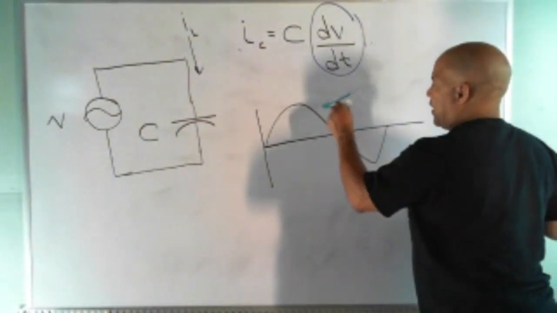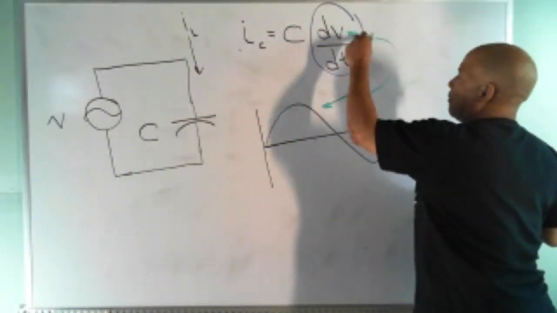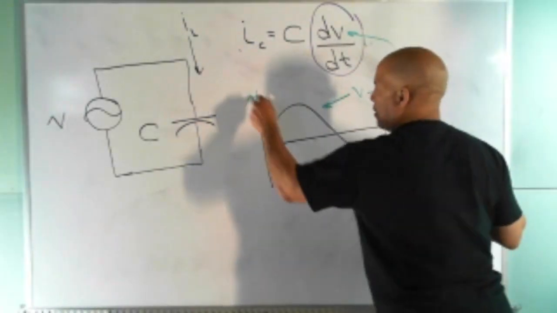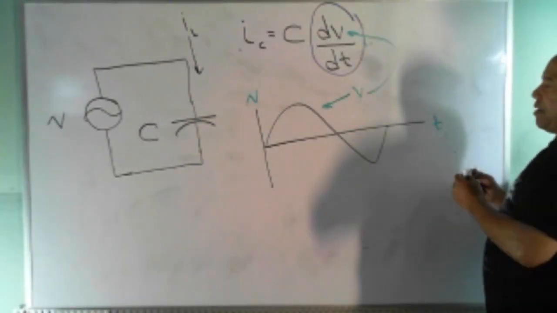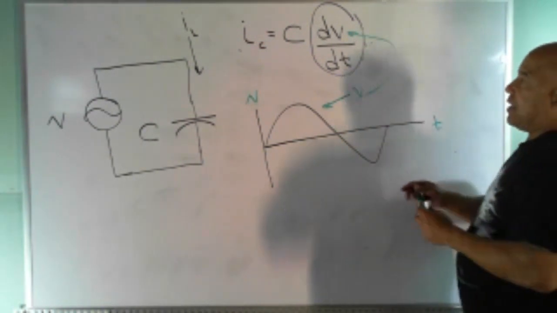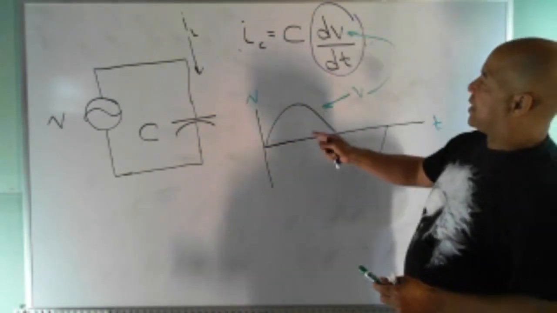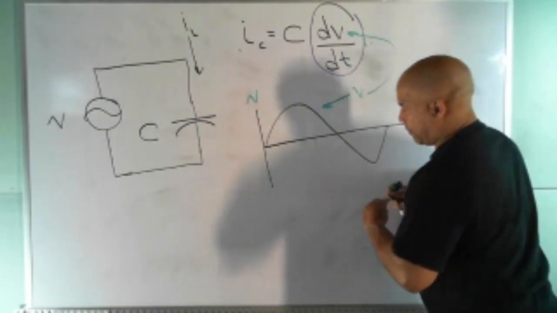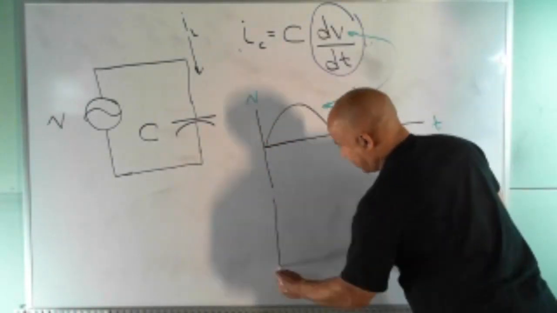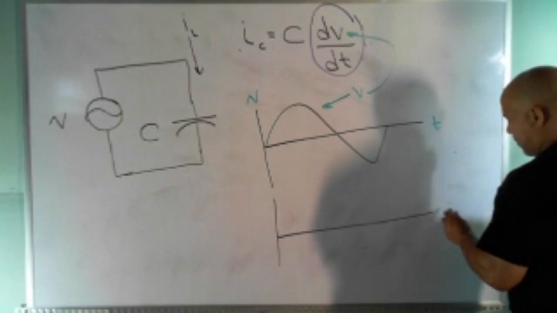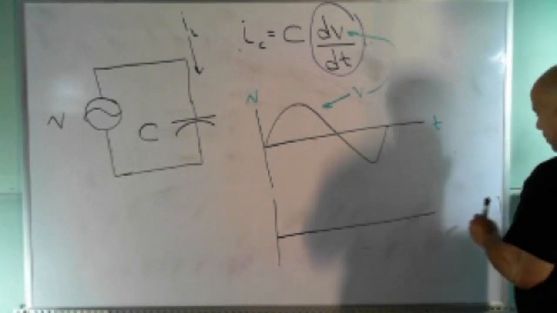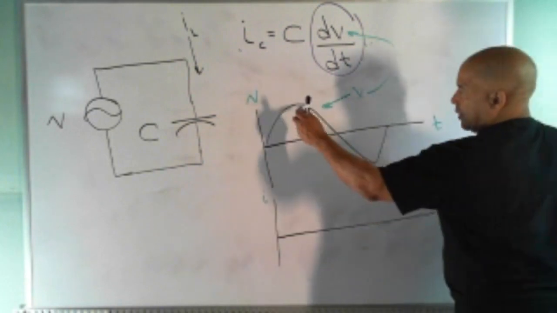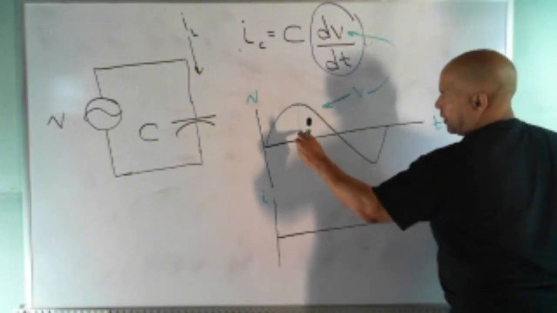So that represents V. All right, so if the voltage looks like this, how does the current look? All right, let's make another graph for current. And again, I'm going to put this point in here at 90 degrees.